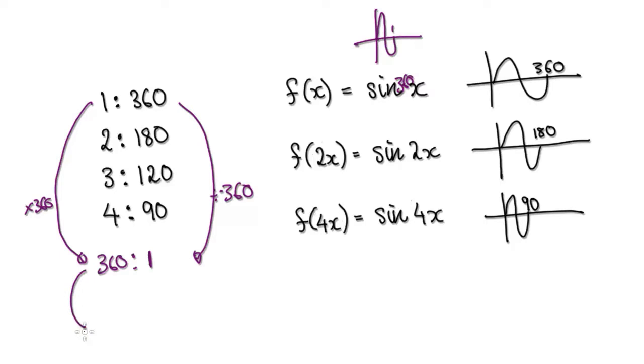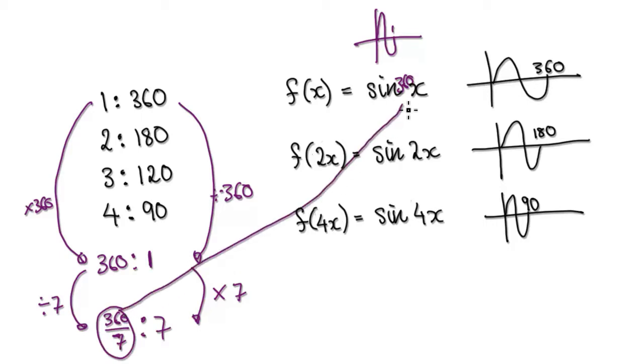If I times this by 7, now I will have a period of 7. That means I divide this by 7. So what it means is 360, and then I divide by 7. So this is our coefficient here. If we stick this into the coefficient here, then it will give me a period of 7.